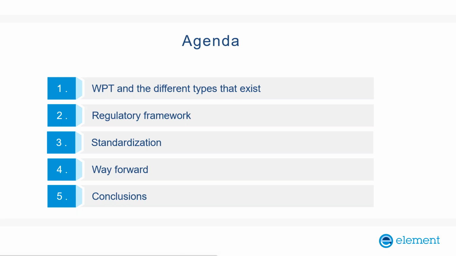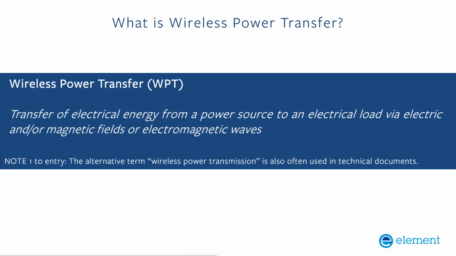Okay, so let's make a start then, and what better place to start than actually trying to define what wireless power transfer actually is. So I've taken this definition. The trouble is with wireless power transfer, it isn't really a new technology, but it's seeing lots of new use cases, which is accelerating its adoption and relevance in a global market.